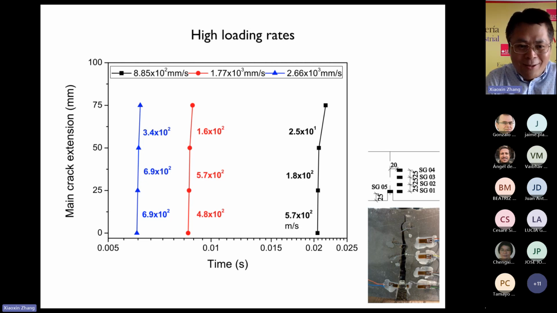For this blue one, at the highest loading rate, the initial part is 6.9 times 10 to the 2 meters per second, and again 6.9 times 10 to the 2 meters per second. The last one is 3.4 times 10 to the 2 meters per second. So at the highest loading rate, the initial crack velocity is almost constant, 6.9 times 10 to the 2, or 690 meters per second.